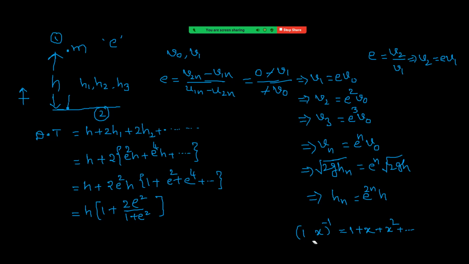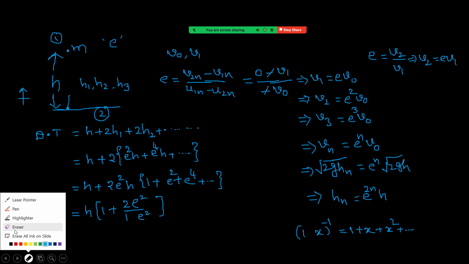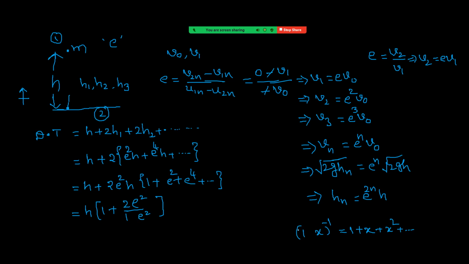it is 1 minus x, right? This is 1 minus x. 1 minus x whole power minus 1. It becomes 1 plus x square and so on.